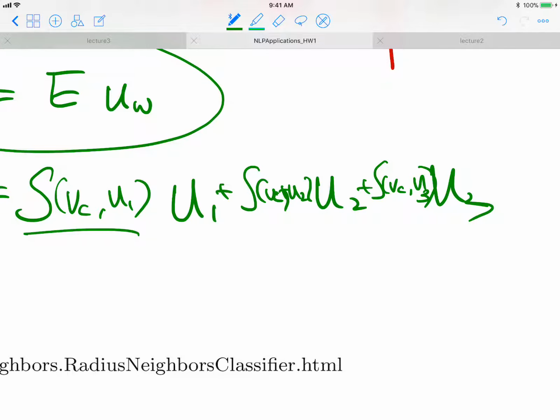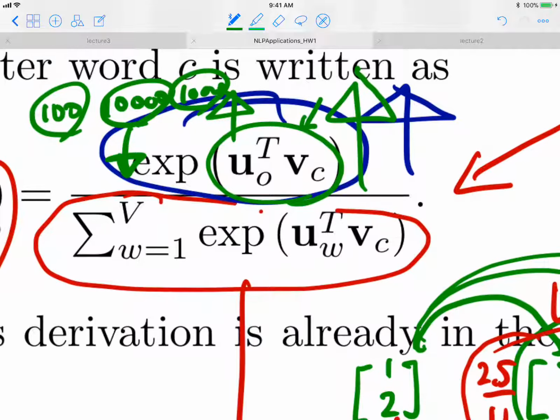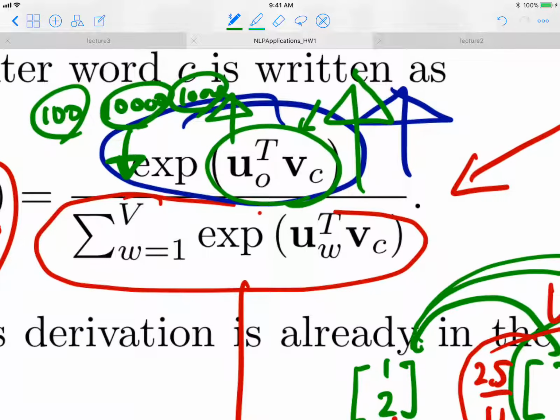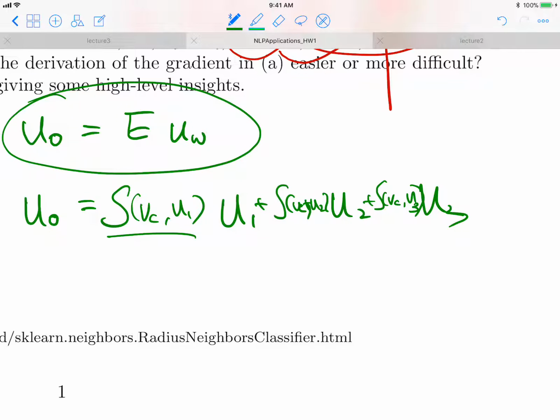So these are defined as this, right? This is how we define the weight. And then it's 0 or not. It is an observed keyword, right?